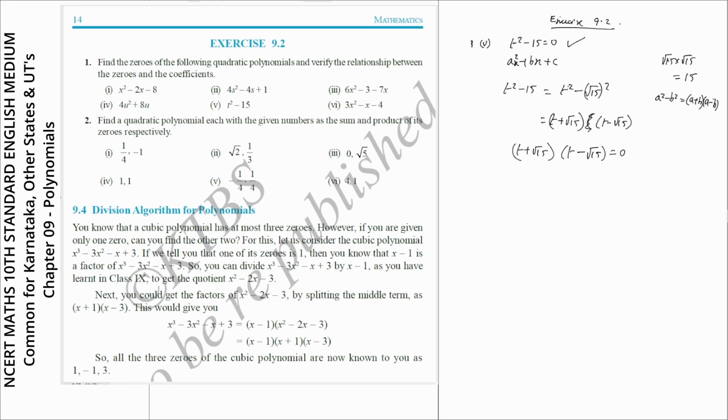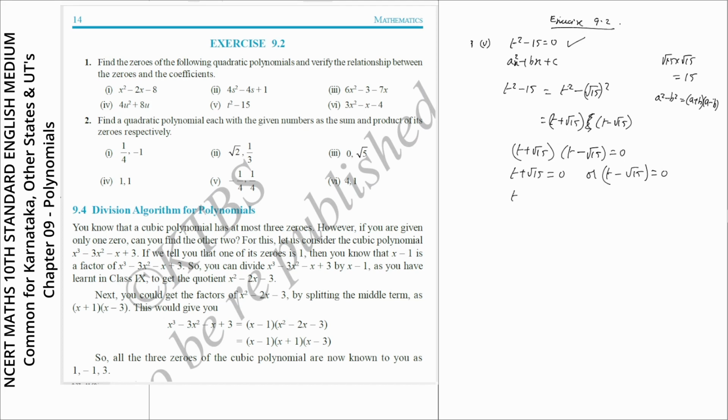Now what this means, this is equal to 0 when one of these two is equal to 0. Okay, so when t plus root 15 is equal to 0, or if t minus root 15 is equal to 0, the given polynomial is 0.